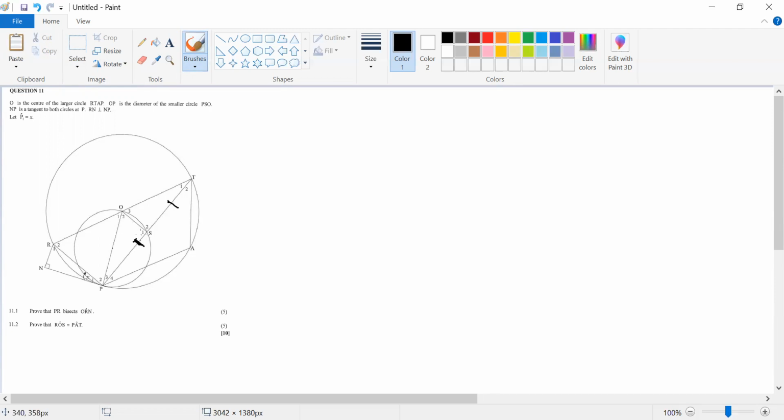So now that we know all of these things to be true, we need to prove that PR bisects angle ORN. So let's first try and see where PR is. PR is the line right here. And ORN is actually this big angle right there. So what we are actually required to prove is that R1 is equal to R2.